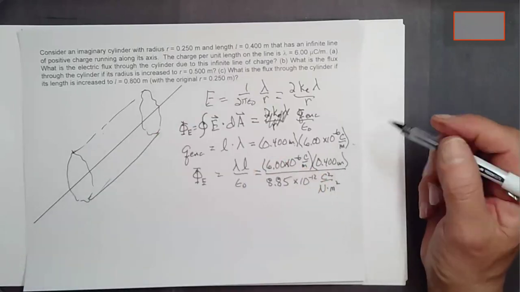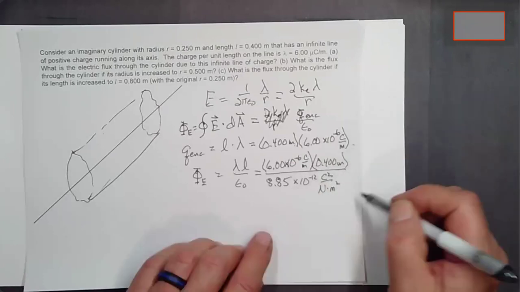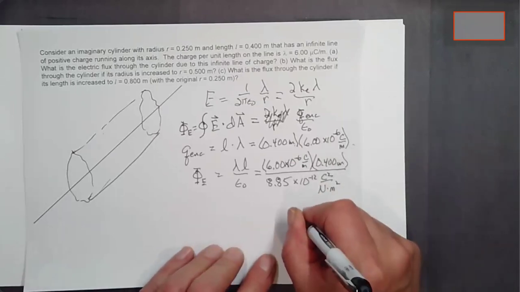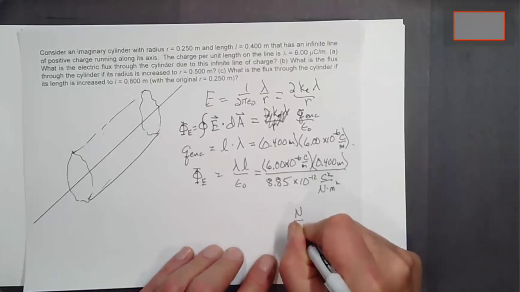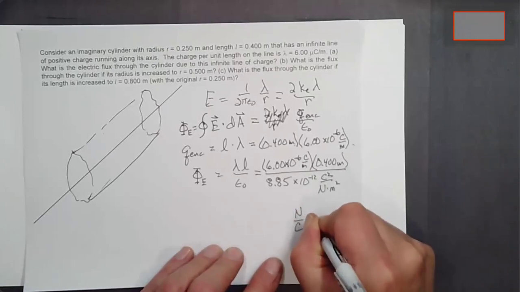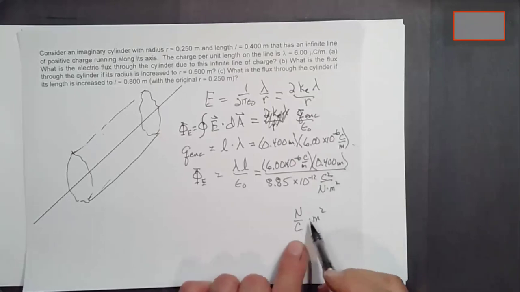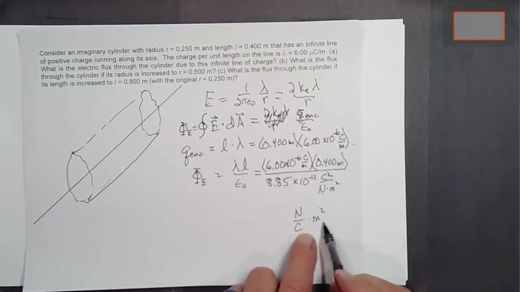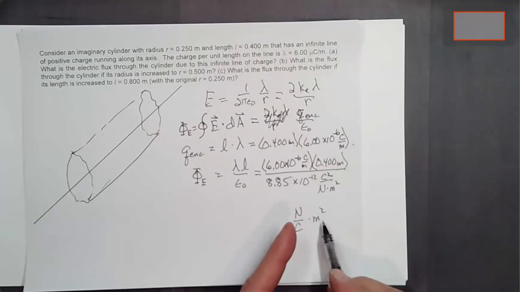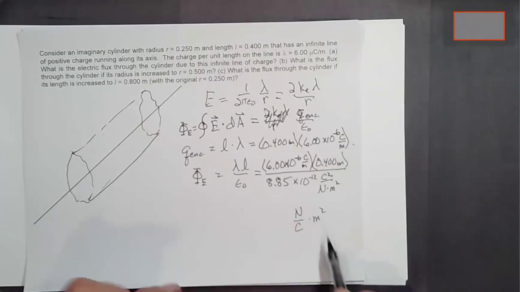What you actually get unit-wise when you get done playing with those is a Newton per coulomb times a meter squared. These are the units of electric field. These are the units of area. And electric field times area is the flux of the electric field.